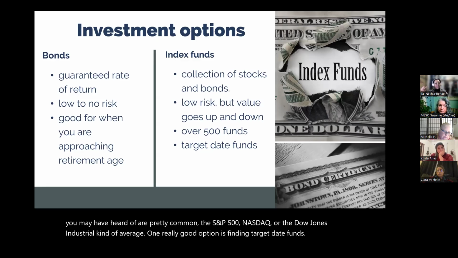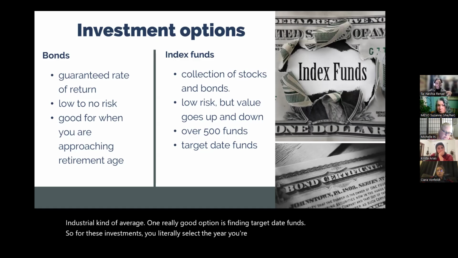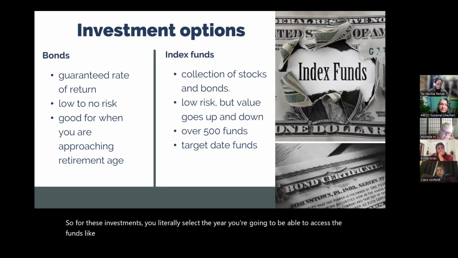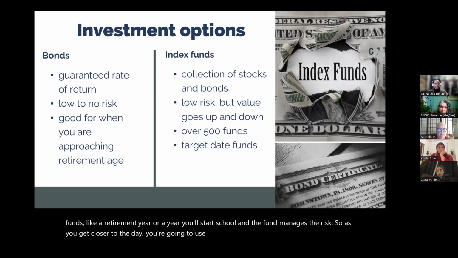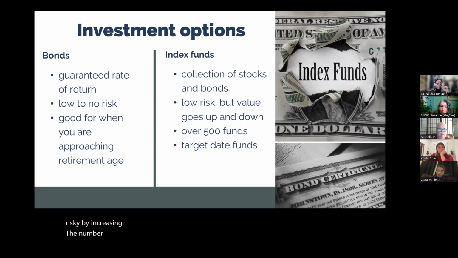For these investments, you literally select the year you're going to be able to access the funds, like a retirement year or a year you'll start school, and the fund manages the risk. As you get closer to the date you're going to use the money, the investment will get less and less risky by increasing the number of bonds in that portfolio.